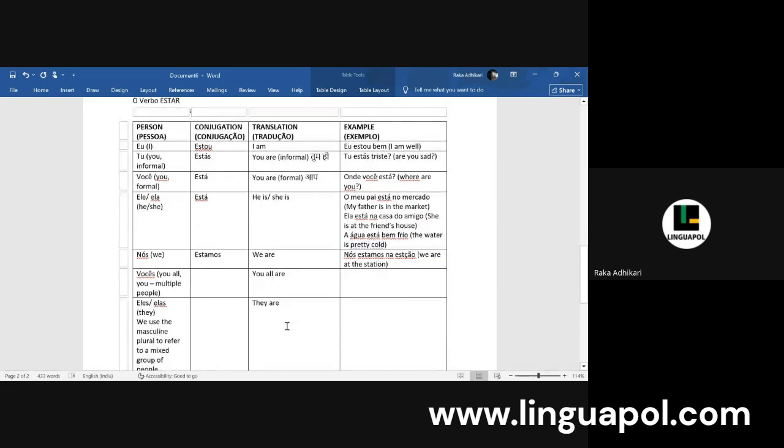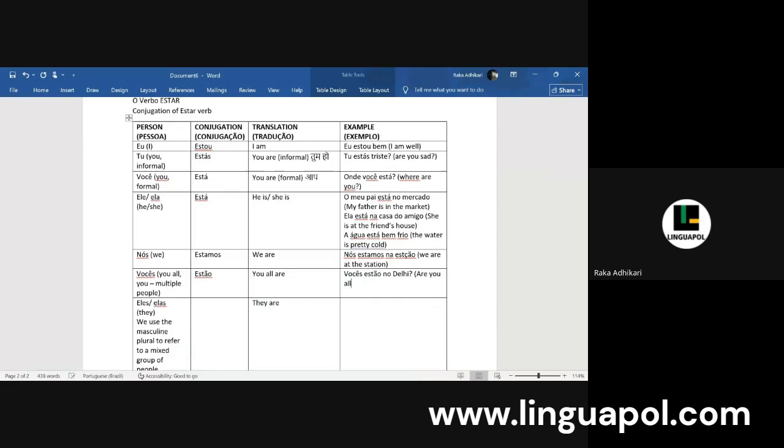Then we have vocês. With vocês we use the conjugation estão, nasal sound. Estão. For example, vocês estão no Delhi?